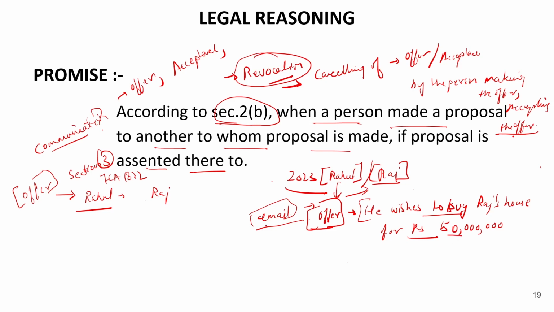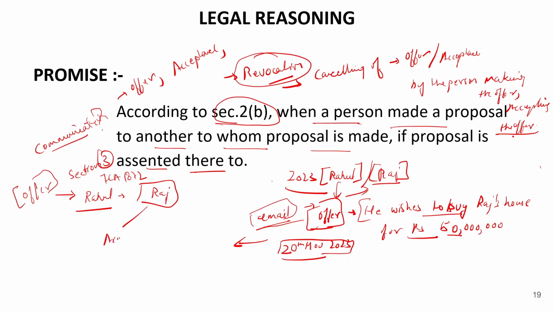He has communicated this fact via email on 20th November 2023. Let's take this example. On 20th November 2023, Rahul makes an offer to Raj that he is willing to buy his house for rupees 50,000. Now Raj has two options.